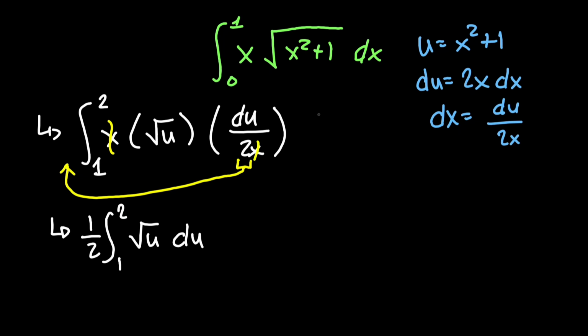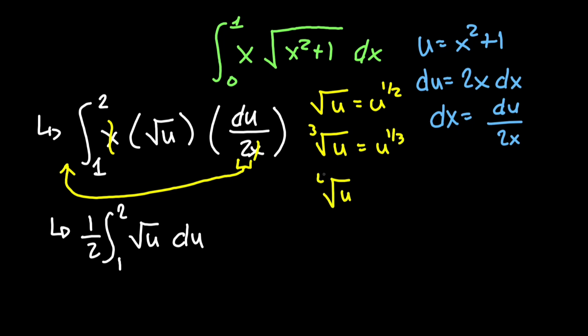Now, whenever we are dealing with an integral, we would want it to be in exponent form. So know that the square root of u is equal to u to the power of 1/2. The cube root of u would be equal to u to the power of 1/3. And the fourth root of u would be equal to u to the power of 1/4.